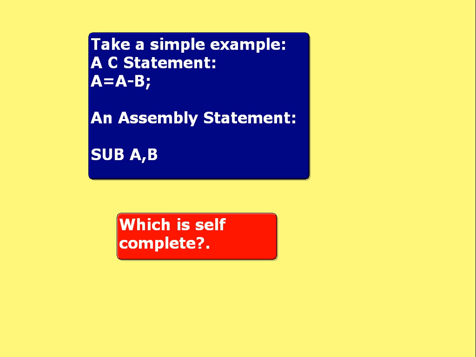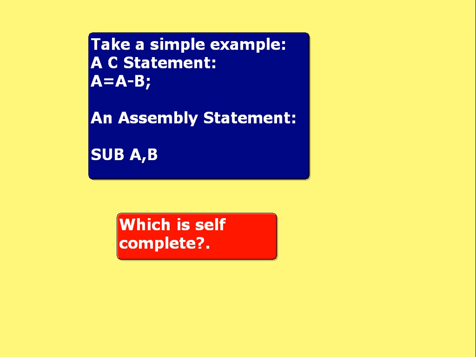Take the following two statements, one C language statement and another assembly language statement. The C language statement A = A - B is self-complete.